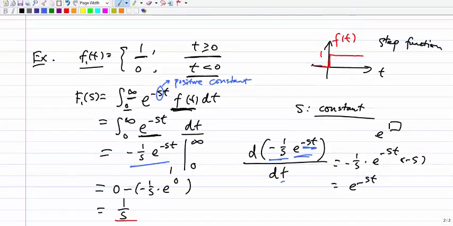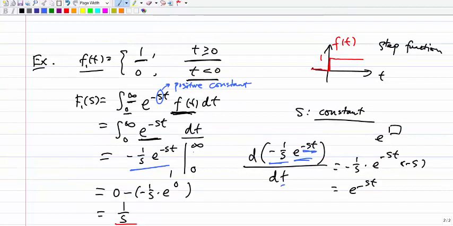Of course, I have to evaluate it from 0 to infinity. When t goes to infinity, because s is a positive constant, minus s times infinity is negative infinity, and e to the negative infinity gives you 0.